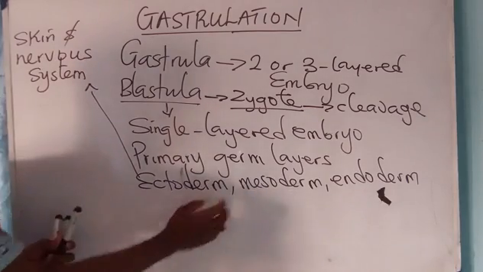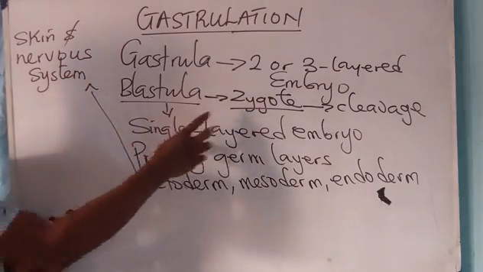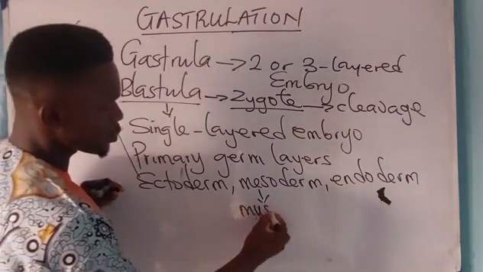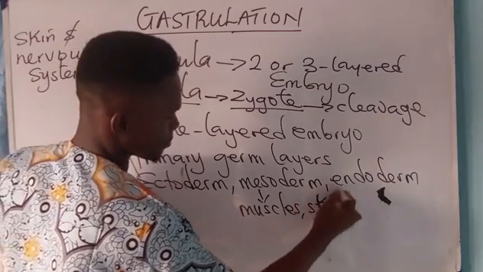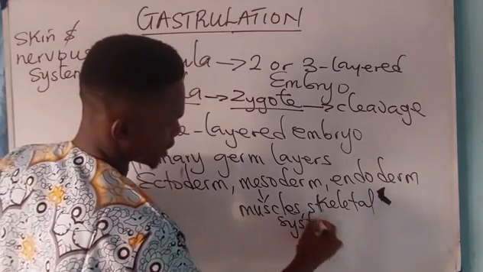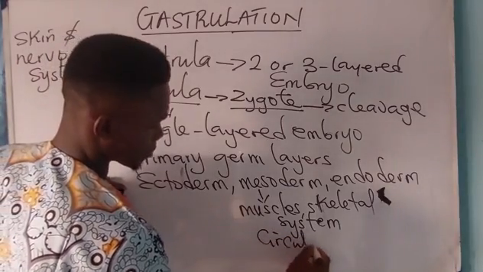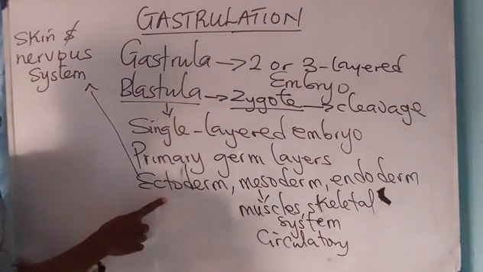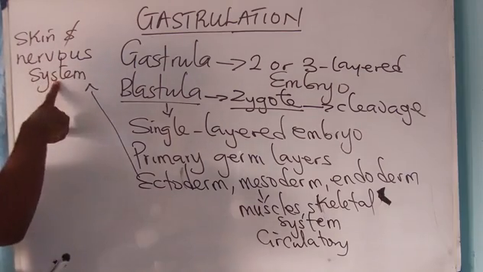You now have the mesoderm. The mesoderm, which is the middle layer of the embryo, forms the muscles, skeletal system, and what? Circulatory system. The ectoderm so produced gives rise to skin and nervous system.